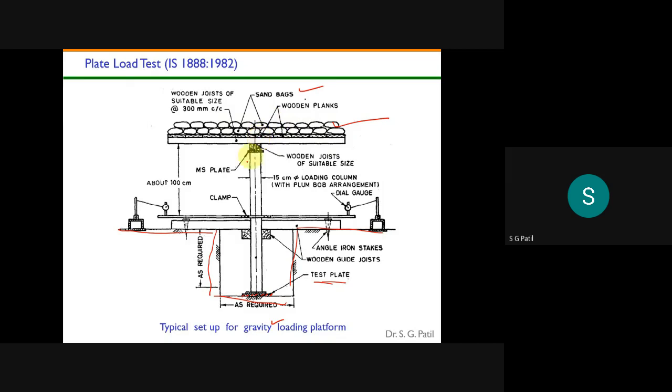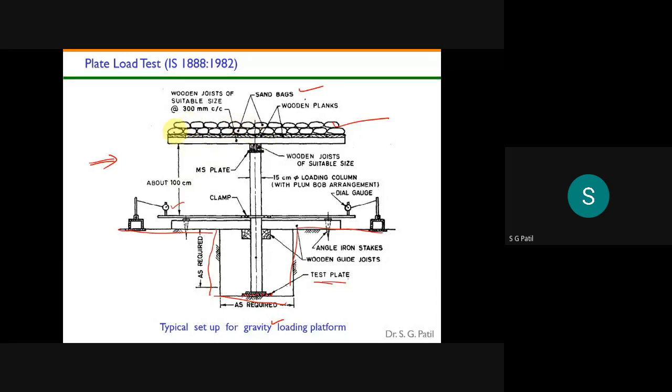Then the same pressure will be applied, and you see these are the dial gauges. These dial gauges will be put over the plates, and then we will take the reading, the settlement of the plate under this dead load. This is not commonly used. This is rarely used in the field because of danger.